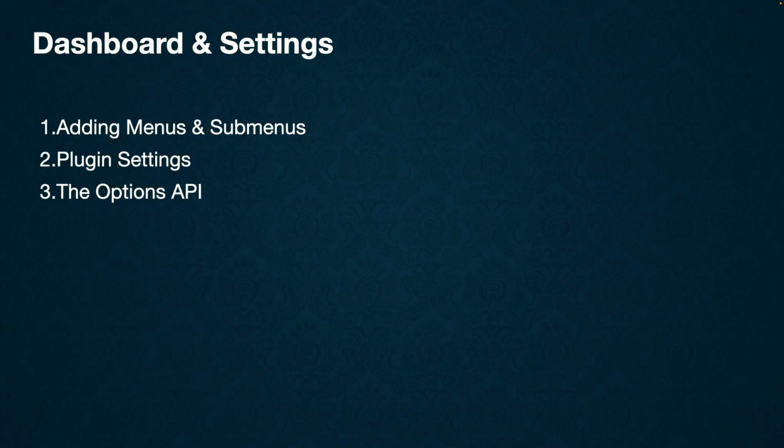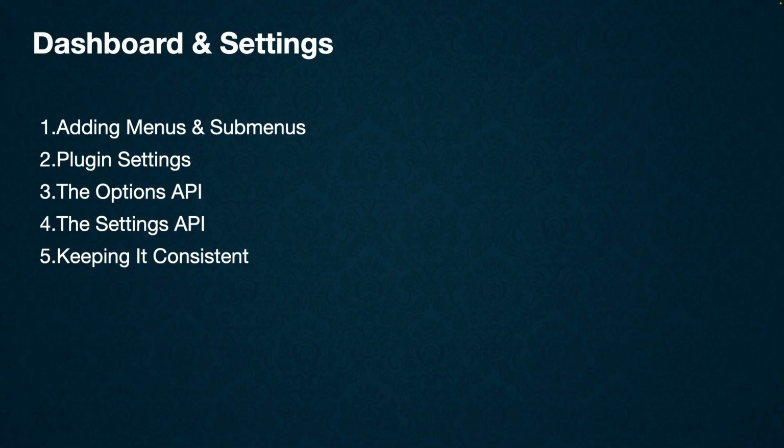In this part we will see details about the WordPress Options API. And then there is the Settings API. If you need any type of settings, like some general information or data from the user as settings, you can use the Settings API, which is an API from WordPress. And another thing is, of course, keeping it consistent, and a summary.